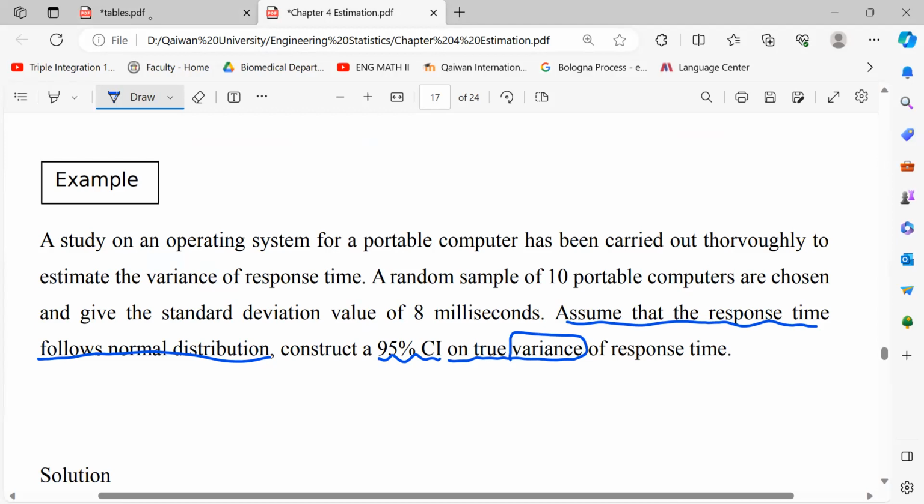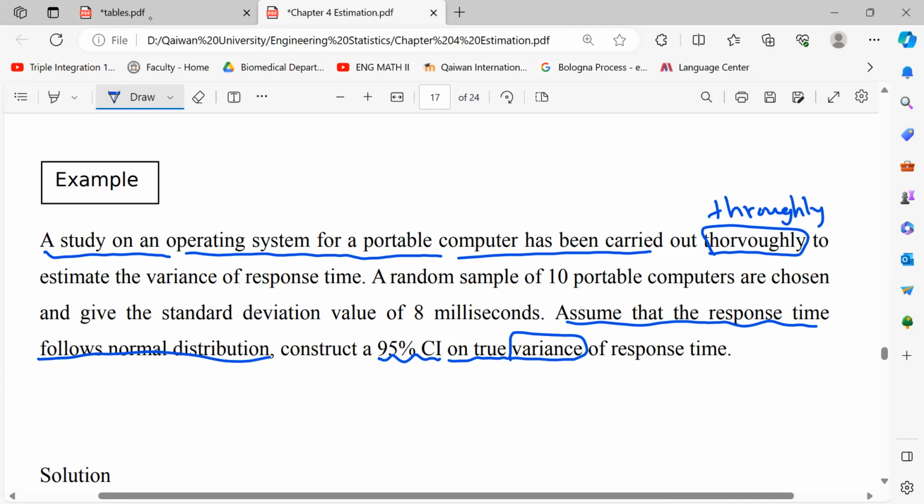Now let's read the question. It says a study on an operating system for a portable computer has been carried out thoroughly to estimate the variance of response time. Up to now, we have nothing.